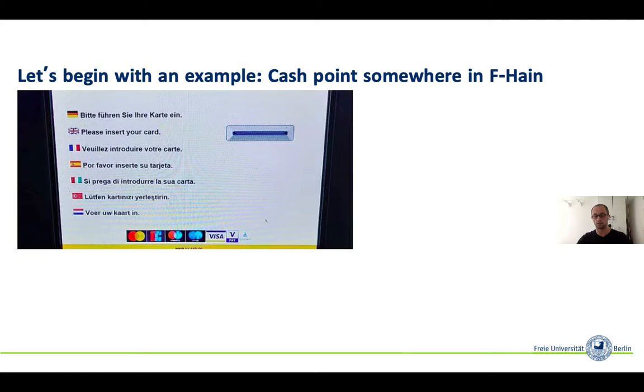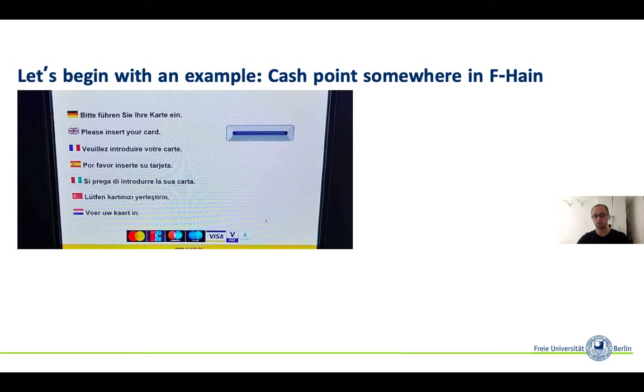When we begin to talk about linguistic landscapes, let's have a look at one example. This example is a cash point in Friedrichshain, in Berlin. It's an ATM machine in a Späti, and when you want to get money from that machine, you'll get this information.